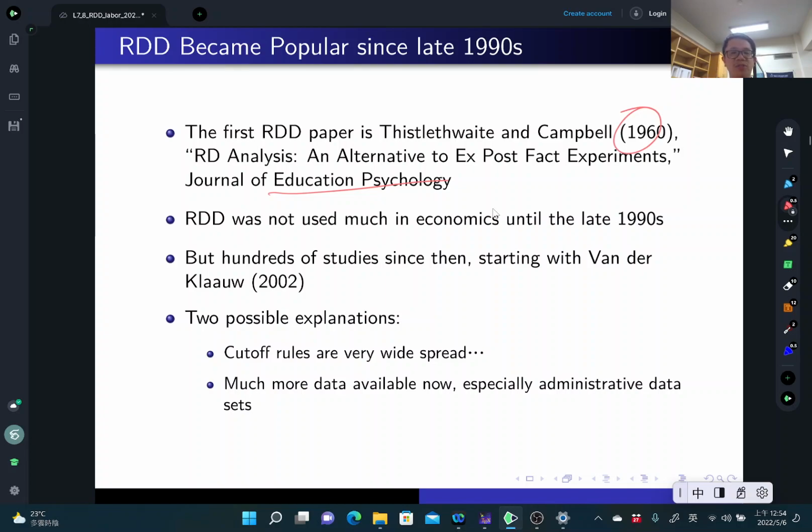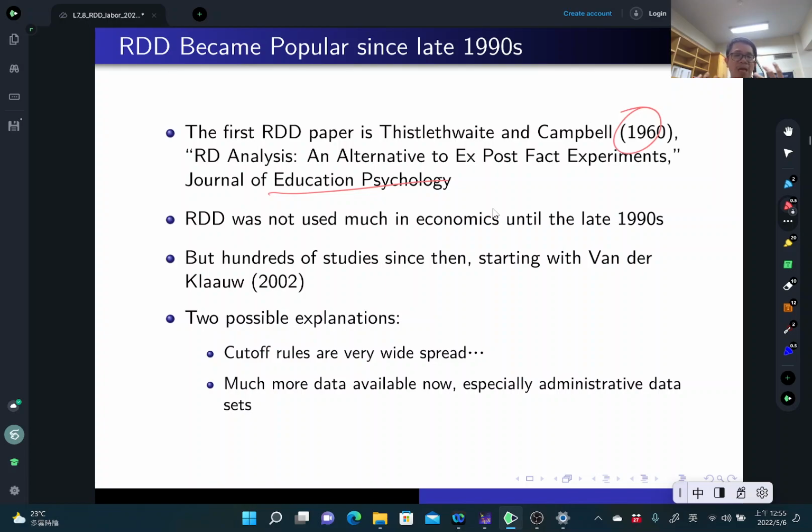Their assignment variable was the GPA. If your GPA is above some number, 3 or 3.5, you can get a scholarship. If not, you cannot. So they compare the people whose GPAs are very close to the cutoff, and do this RD design.